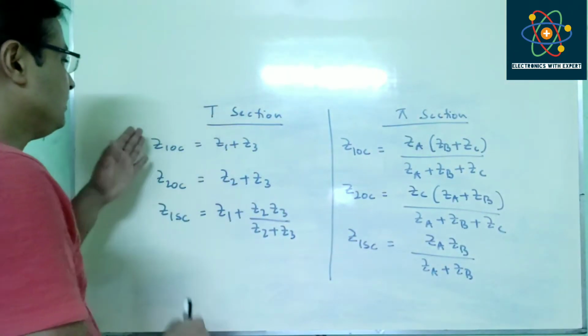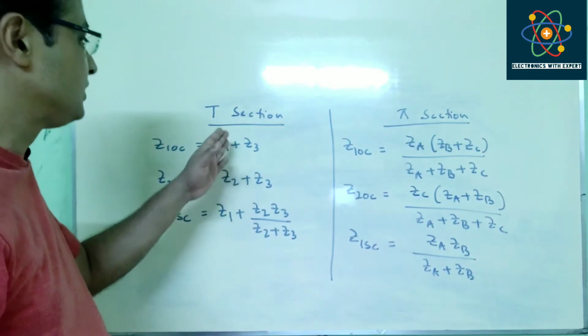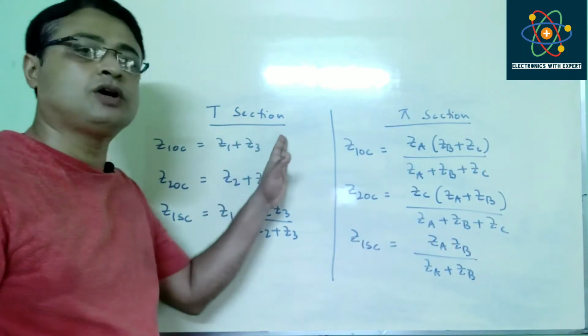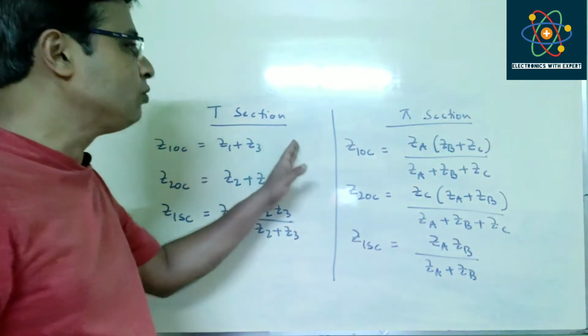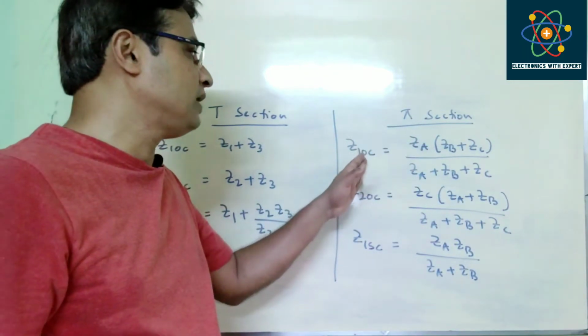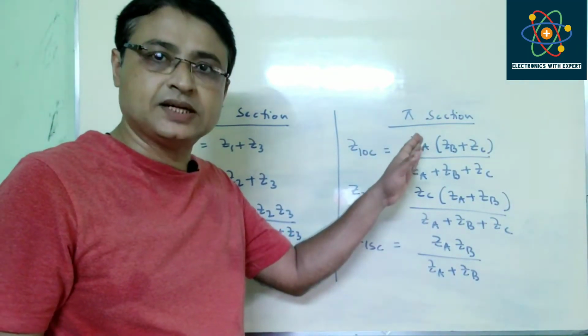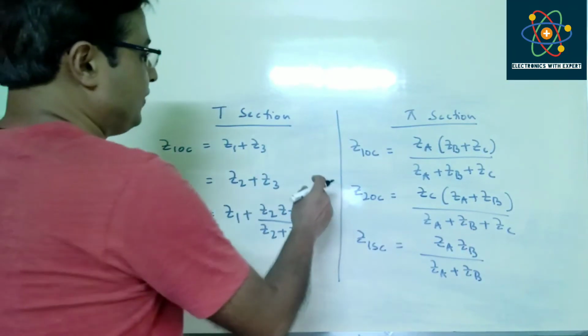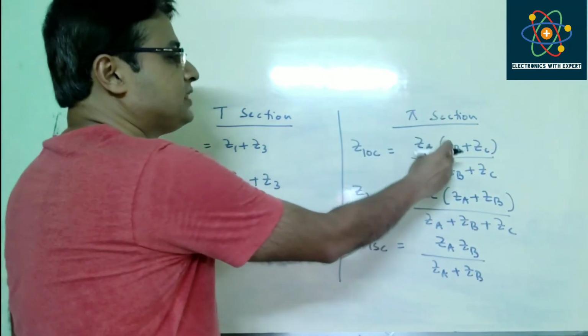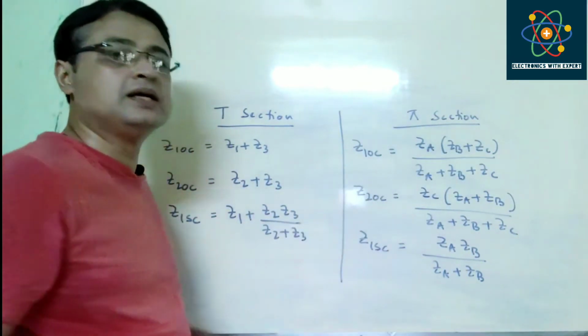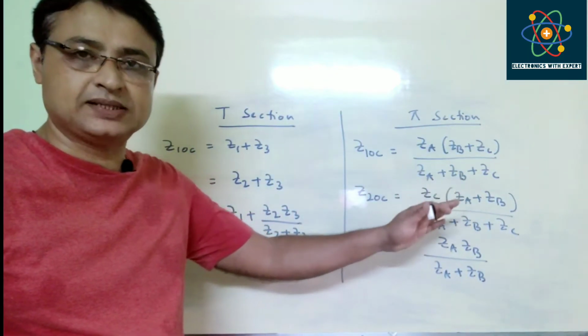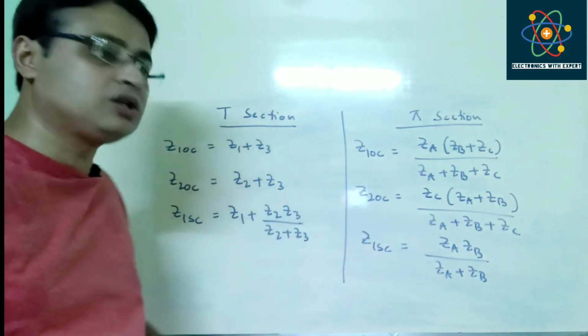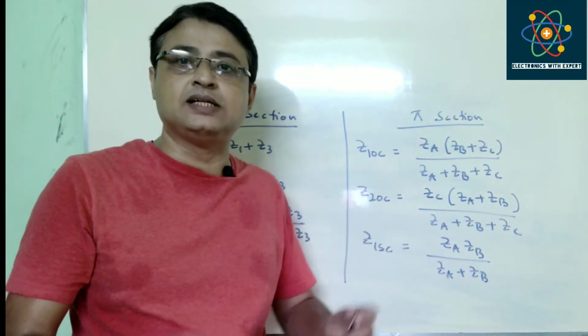That means Z1OC equals Z1 plus Z3 for the T section must equal the equation we have derived for the pi section as well. So we can write that Z1 plus Z3 equals ZA into ZB plus ZC divided by ZA plus ZB plus ZC, and for all three equations we can write it like this.